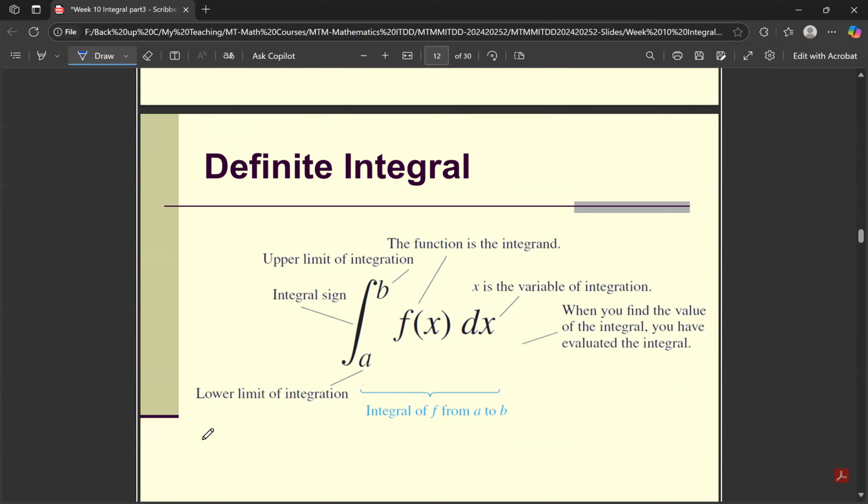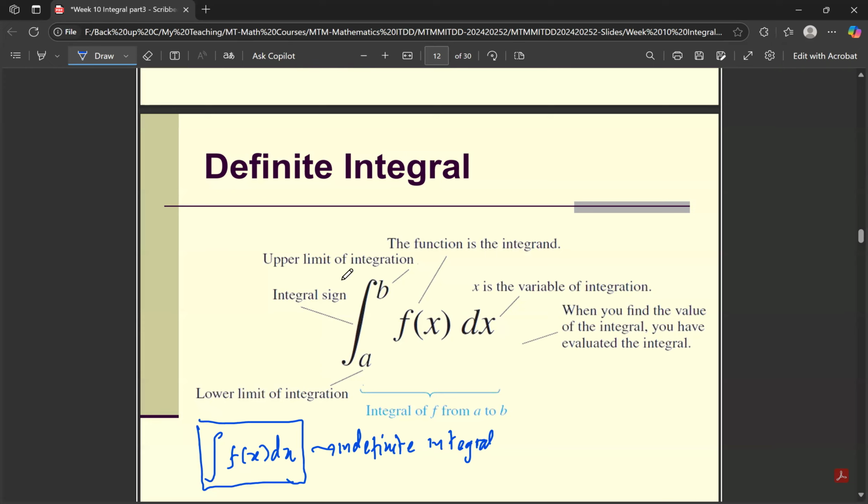In the previous topic, we had this notation, the integral of f(x) dx. This is called an indefinite integral, and this is a definite integral.